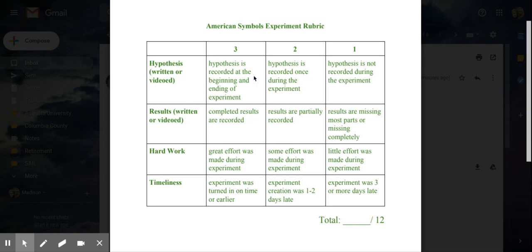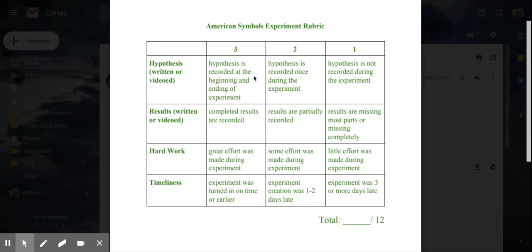So remember, after we do our experiment, we go back and check our hypothesis.